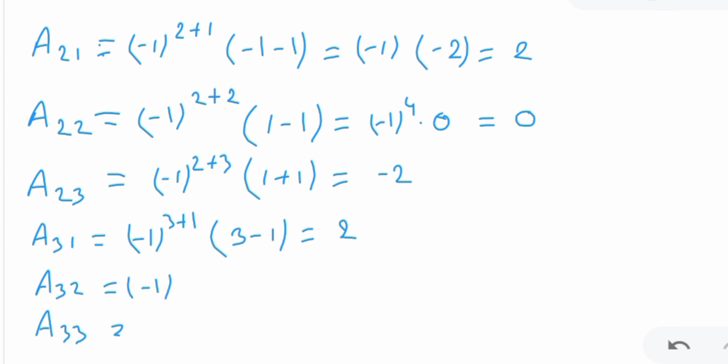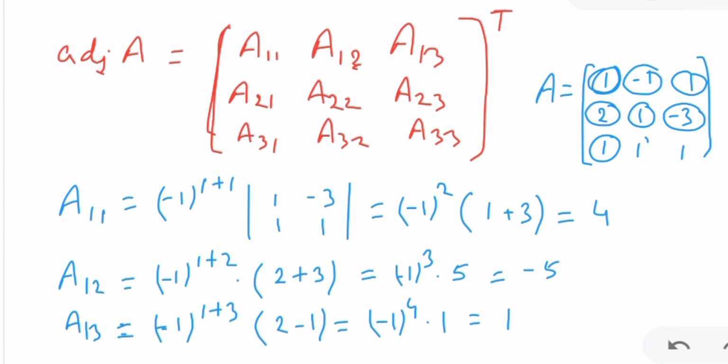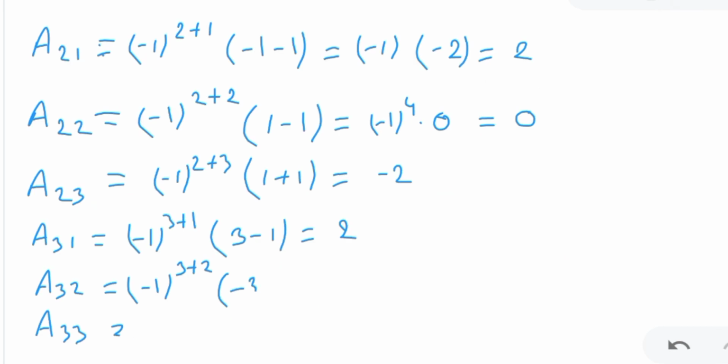And for this element, this row and this column will go. Then minus 3, minus 2. So minus 1 to the power 5 will be minus 1, and into minus 3 minus 2 is minus 5, so minus times minus 5 is 5.